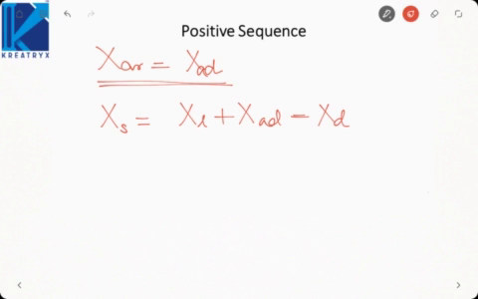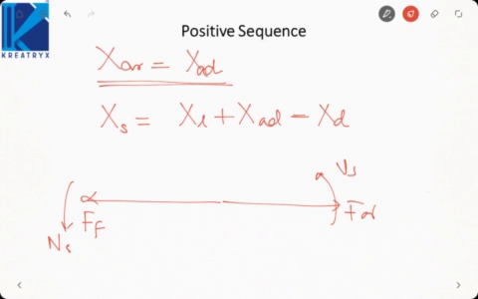Now the one beautiful thing about this concept is, since it is a positive sequence, both are rotating at the same speed. That is, the field MMF is rotating at a speed ns, and armature reaction also rotates at a speed ns. So they will always have a difference of 180 degrees.